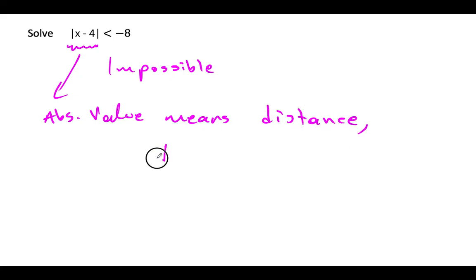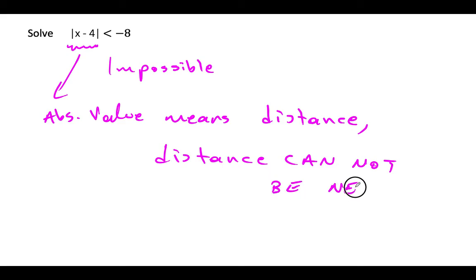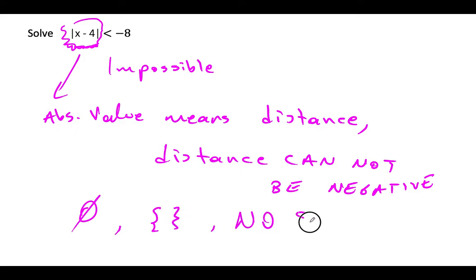Distance cannot be negative. I mean, in my question, this result cannot be less than a negative number. To be less than a negative number, it must be negative. So we say that empty set, or this. No solution. Okay, empty set.